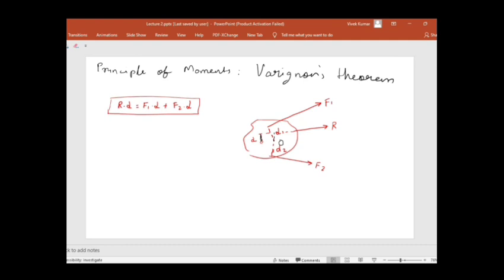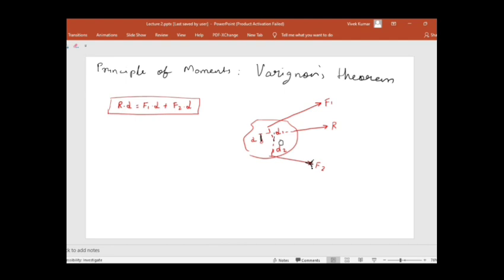So this is basically D. तो इस पर्टिकुलर पॉइंट पर अगर देखते हैं तो F1 into D1 plus F2 into D2, this is the algebraic summation. तो अगर यहाँ पे आप देखते हैं तो यहाँ पे माइनस साइन आना चाहिए था बिकॉज F1 is in the clockwise direction and F2 is in anticlockwise direction. Okay, बट यहाँ पे हमें केवल फॉर्मूला दिखाना था, इसकी हम डायरेक्शन चेंज कर देते हैं, then it becomes okay.